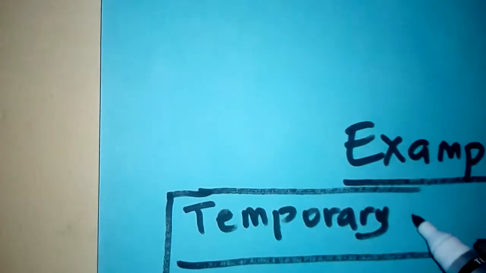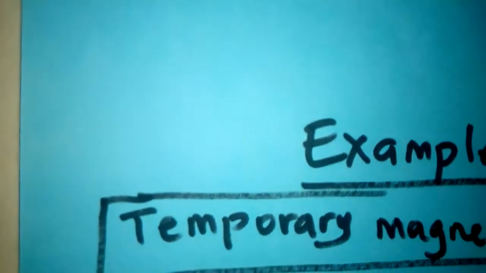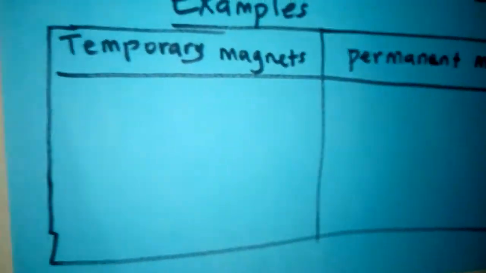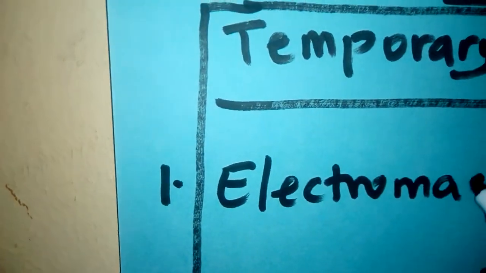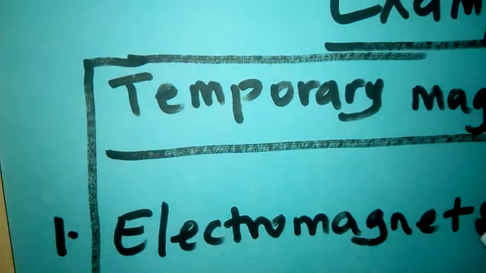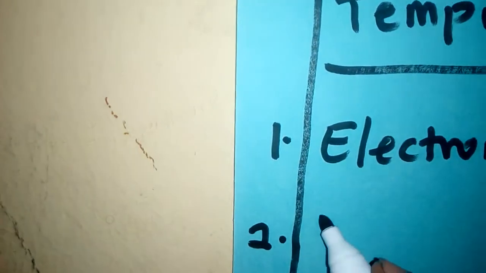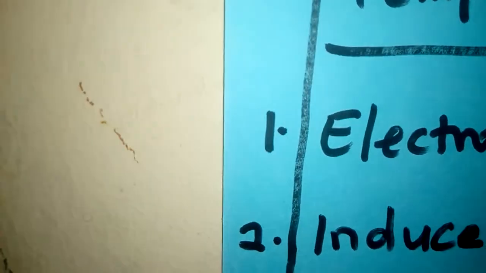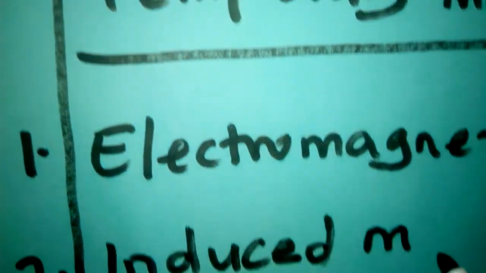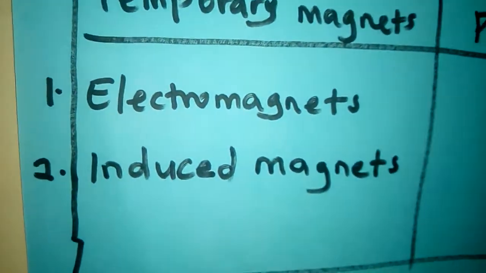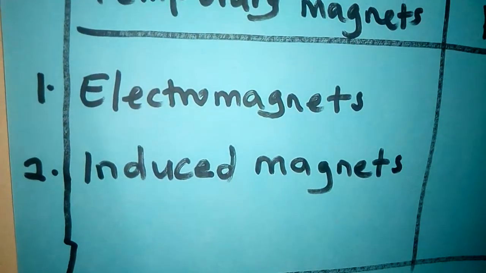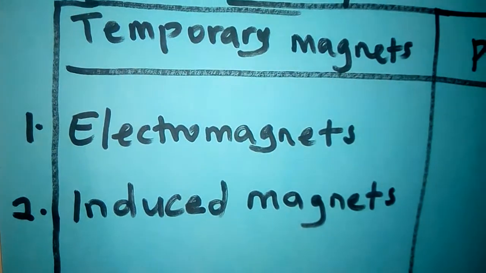We have temporary magnets and we have permanent magnets. For temporary magnets, example number one is electromagnets. And then the second one is induced magnets. Those are examples of temporary magnets.